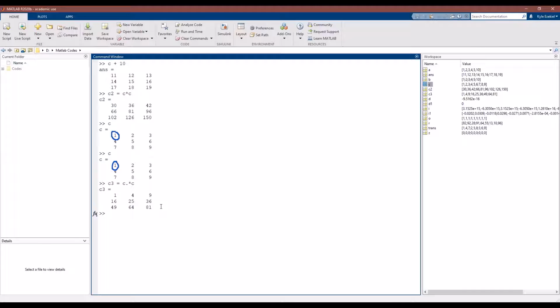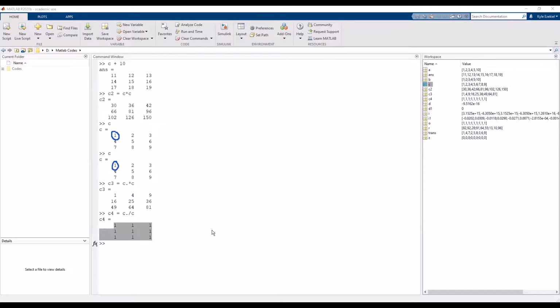What do I mean by that? You can also do division here. Just add the dot, then there we go. So we know that 2 divided by 2 is 1. So we have here a matrix containing values of ones.